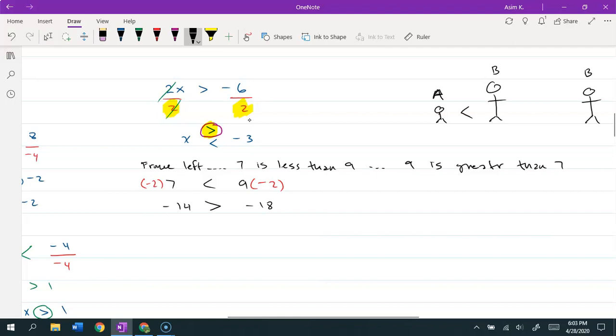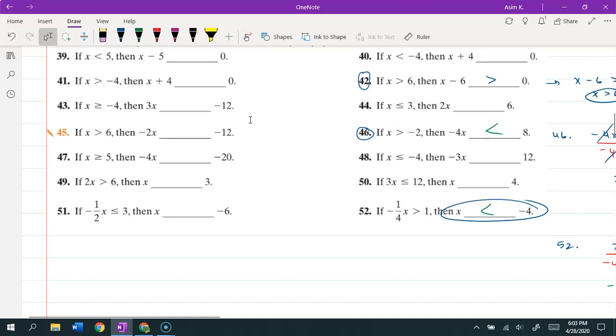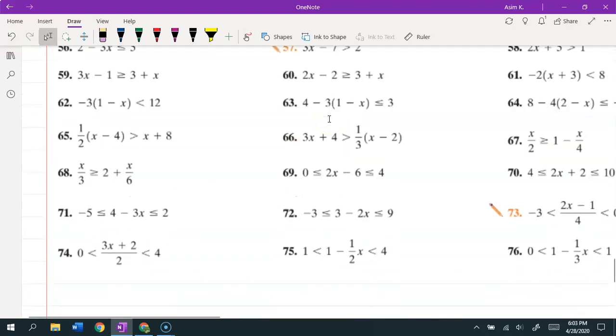It turns out that the negative 14 is greater. And that is why the rule exists. Whenever you multiply or divide by a negative, the inequality is going to switch like that. I find that many students never knew why that rule actually works, so I just wanted to take a moment and show you that exact thing.